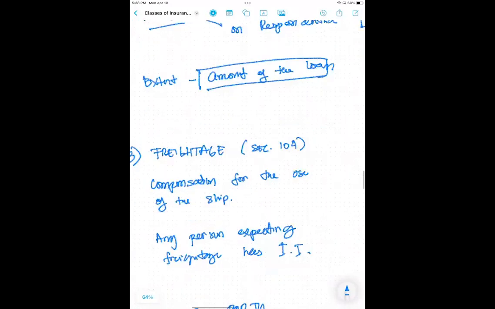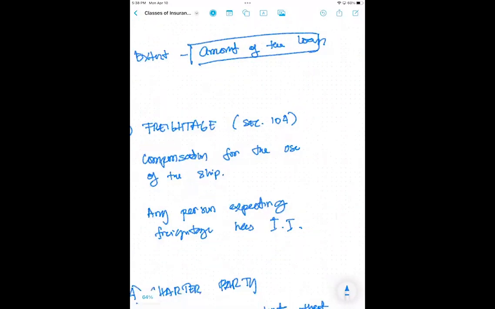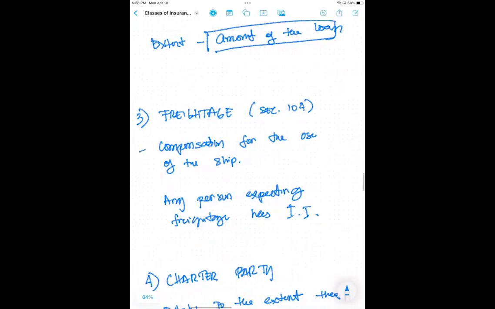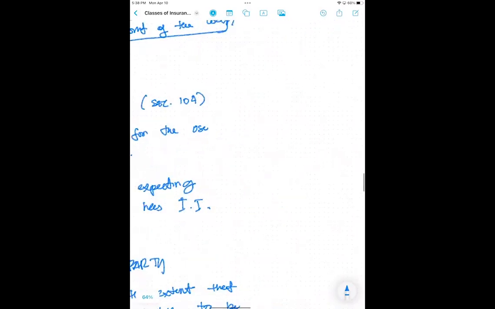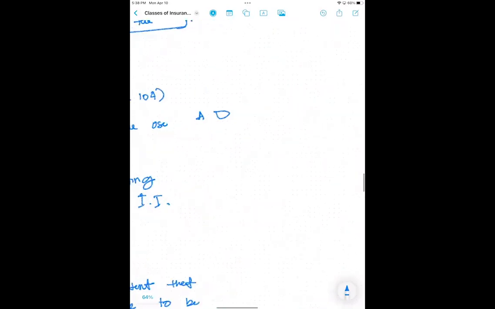Now, next is freightage. Freightage, simply speaking, is the compensation for the use of the ship. So let's say, for example, A is the owner of the ship that will commence voyage from the port of Manila to Hong Kong.